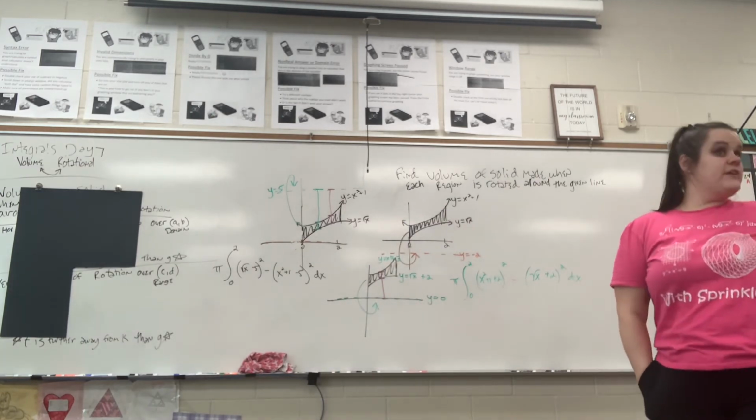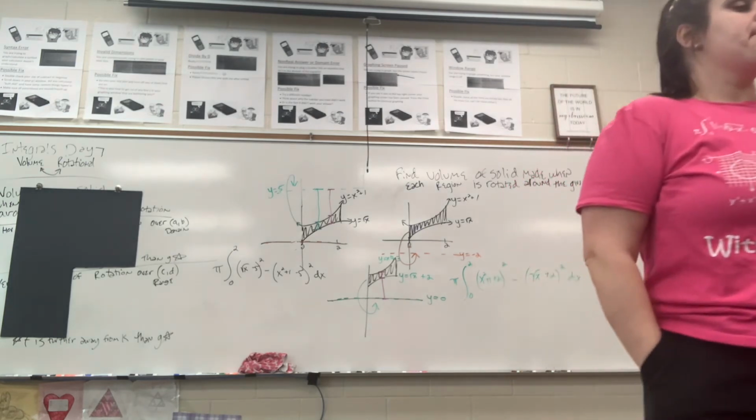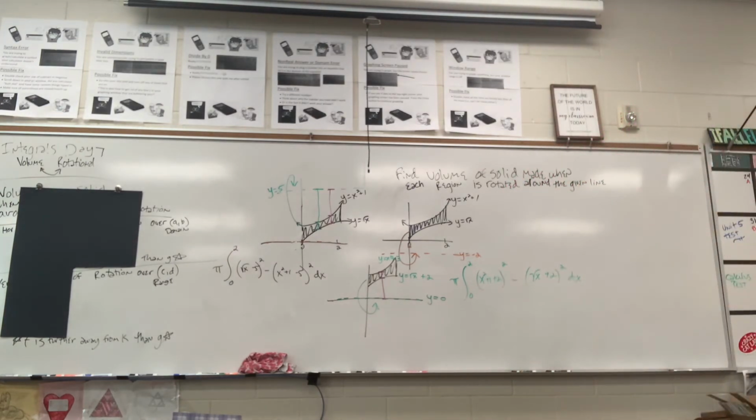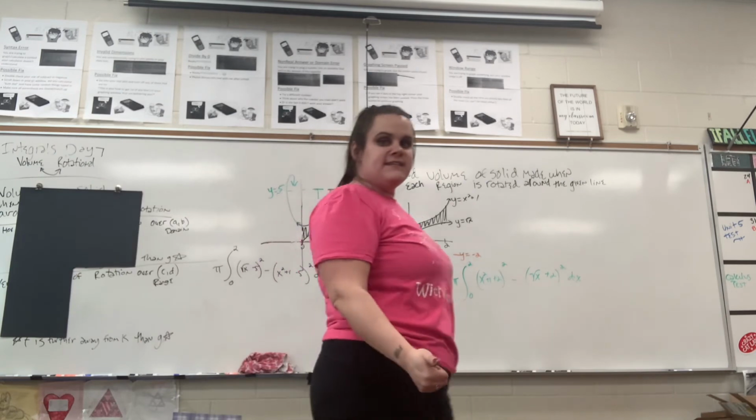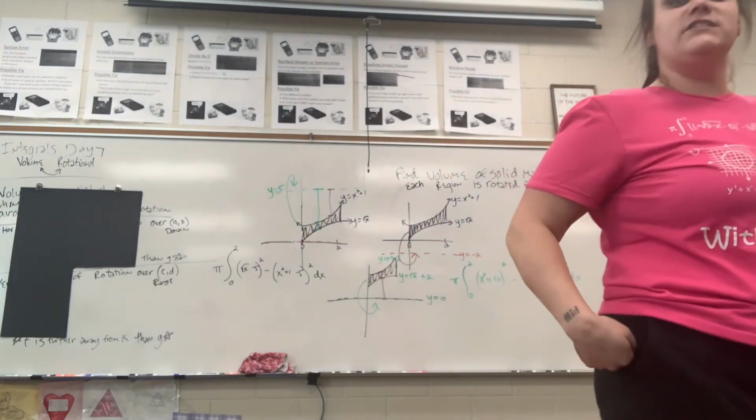Okay, so now here's your job. I want a general formula. Given f is further away from my axis of rotation than g, and given my axis of rotation is at k, the number k, I want a general equation. So f is further from k than g is, and k is my axis of rotation line.